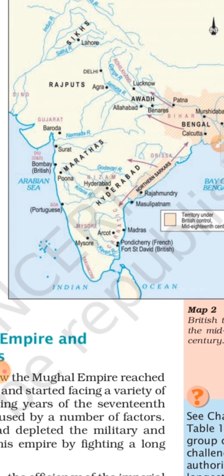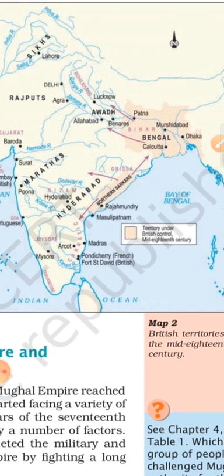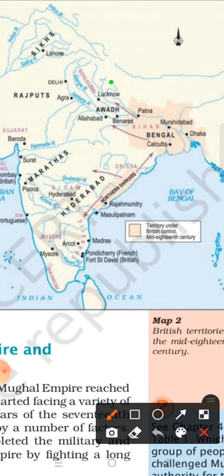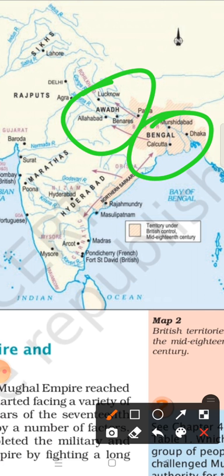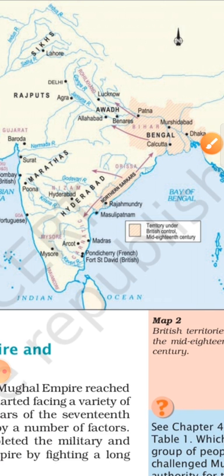Hyderabad also established a new kingdom. Saadat Khan built the new state of Awadh, and Murshid Quli Khan established Bengal. They all are called Nawabs of those particular areas.